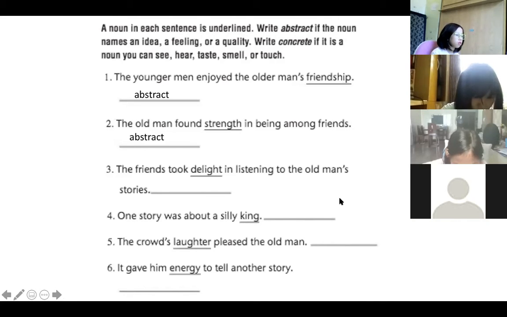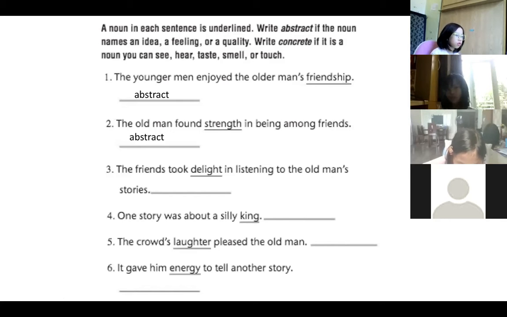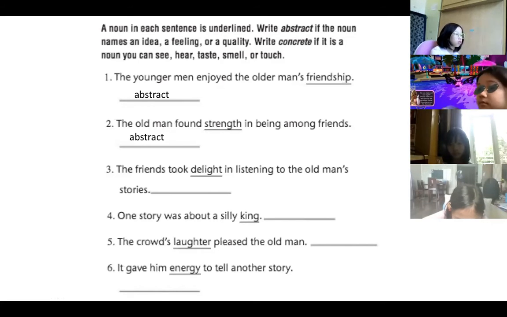Strength is an abstract noun. It is a quality that someone has. If someone has strength, it means that they are strong. And you can be strong in many different ways. You can be strong physically in your body, or you can be headstrong and have strength that when things get tough and tough and tough, it doesn't break you down. You're able to deal with it and handle it well.